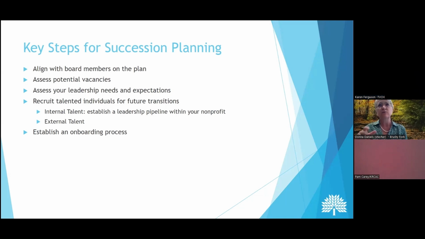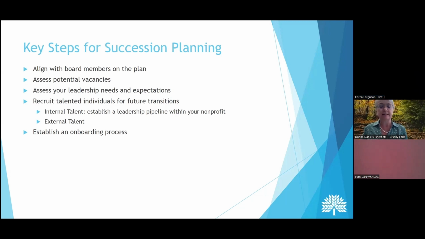Your bylaws might want to have some language about transition of board members, transition of the board chair, transition of top level leadership of the organization. What are the key roles that you're going to be thinking about for transition? That would be part of the transition planning as well.